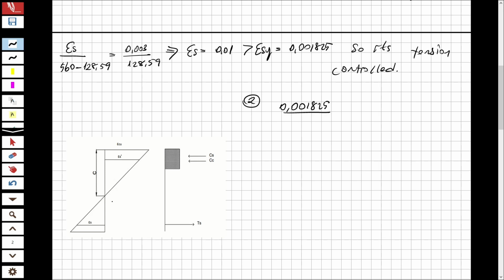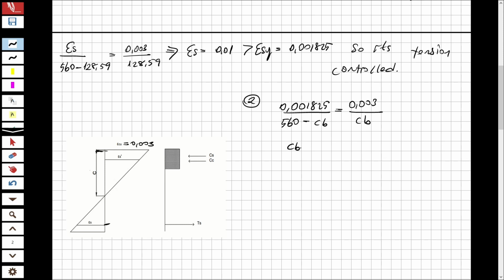Over d, which is from that point until that point, so 560 minus c, but this is going to be c balance. I just give this sketch to try to teach you. And this will be 0.003 for the concrete, divided by the cb value.